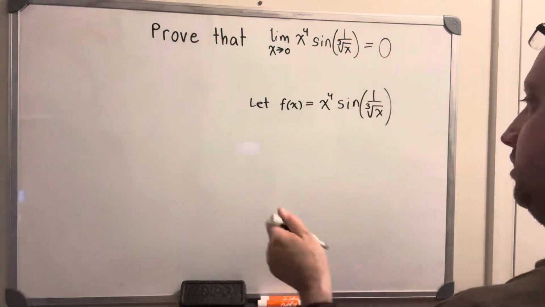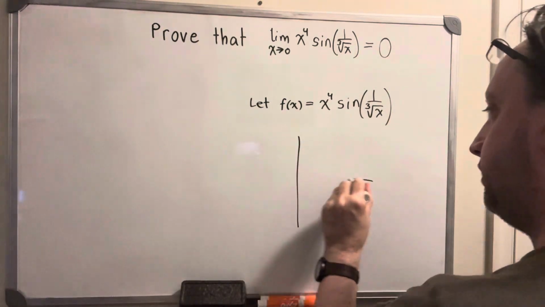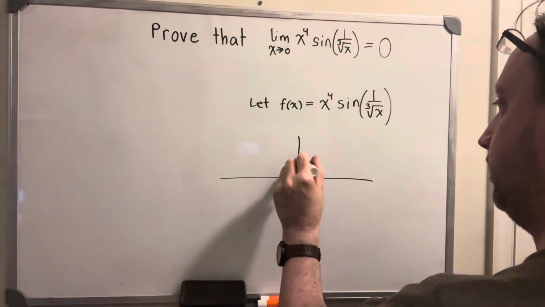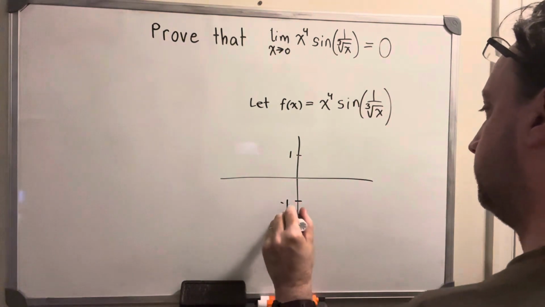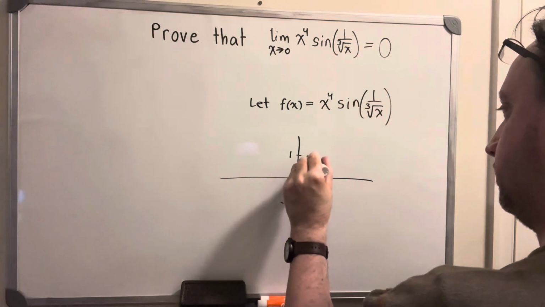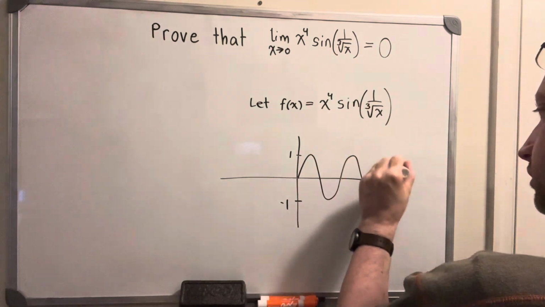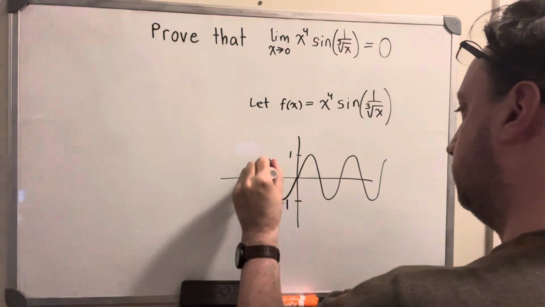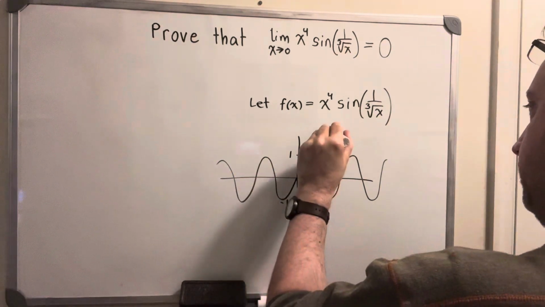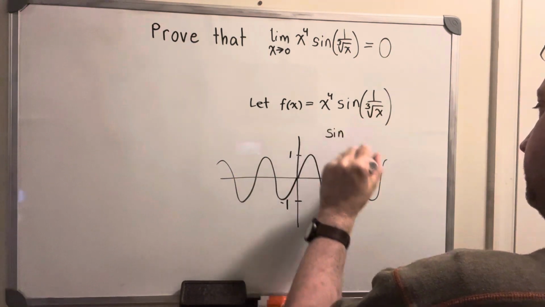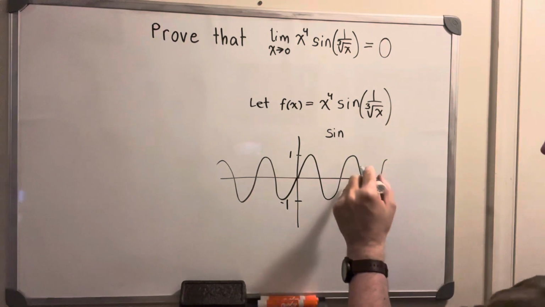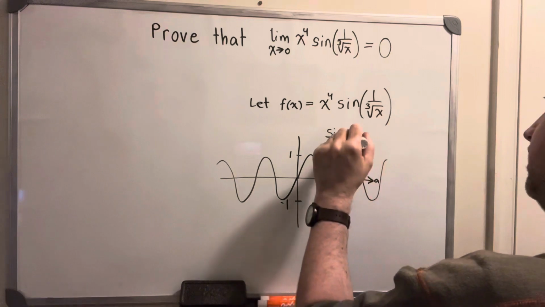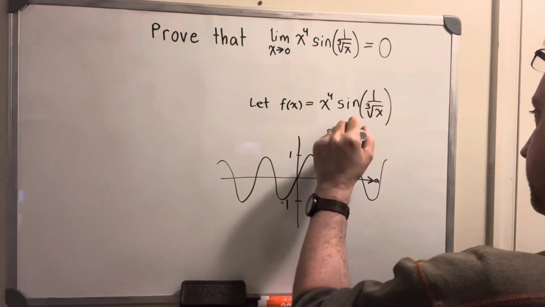Now, if you've seen in trigonometry, you know that the sine function looks like this. Let's talk about a sine. Let's say that A is on the x-axis. We can call it the a-axis.